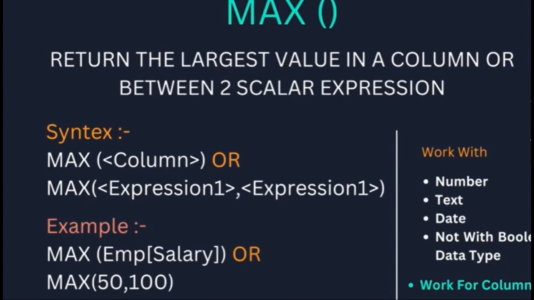The syntax for MAX is MAX(column) or MAX(expression1, expression2). For example, we can write MAX(EMP[Salary]), where EMP is the table name and salary is the column, so MAX of employee salary, or MAX(50, 100). MAX works with number, text and date, but not with Boolean data type. It works for a column. So this is what the MAX function does.